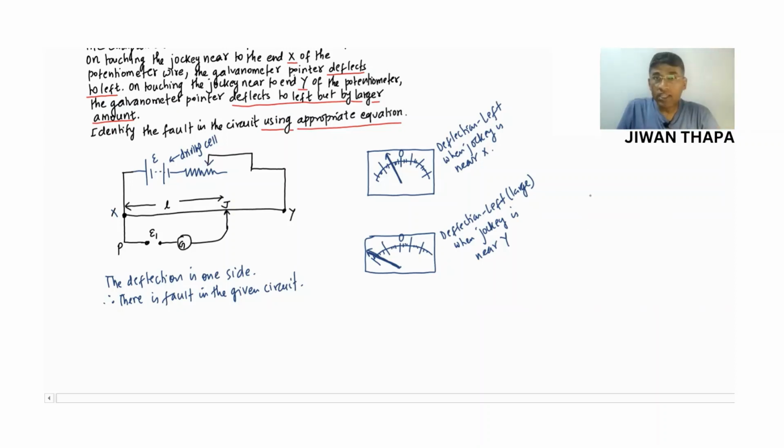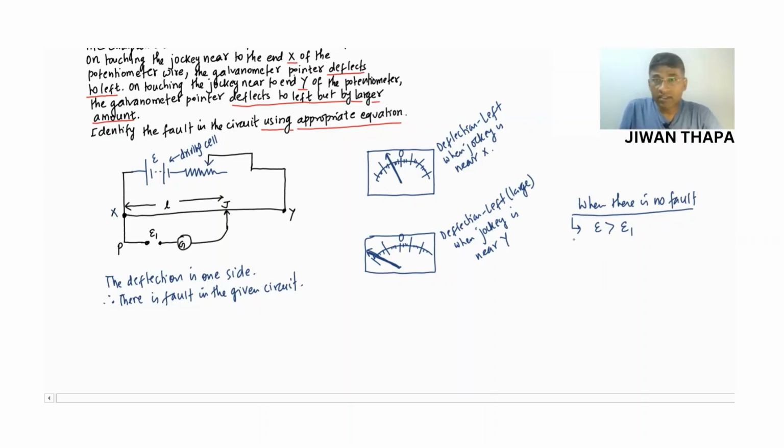Now, when there is no fault, so I'm drawing over here, okay, when there is no fault, then we must have this, okay, EMF E must be greater than EMF E1.